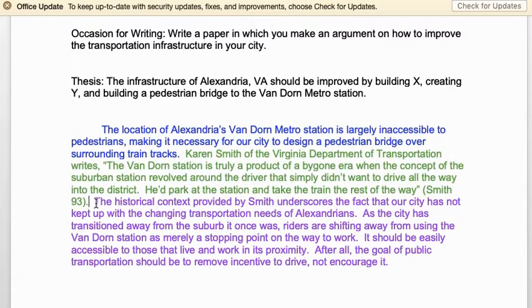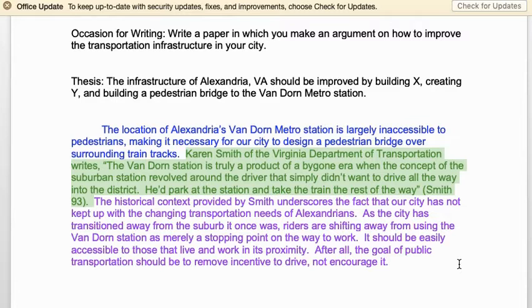Next comes the I, the illustration. This isn't an illustration where I draw a picture in the middle of my body paragraph. Think of illustration as how I use the ideas and the work of others to illustrate or prove my point. I have this: Karen Smith of the Virginia Department of Transportation writes, "The Van Dorn station is truly a product of a bygone era when the concept of the suburban station revolved around the driver that simply didn't want to drive all the way into the district.